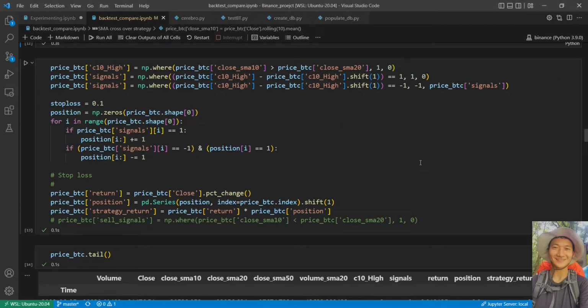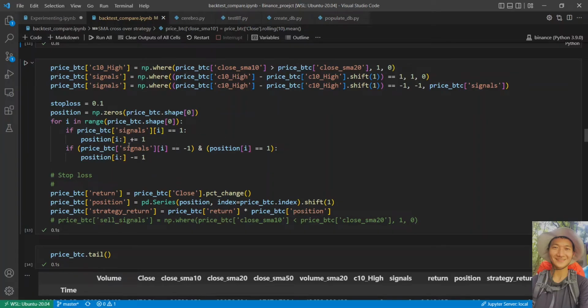After getting the trading signals, it's time for us to trade. Here I create a NumPy array to store the position state, and I iterate over the whole period.